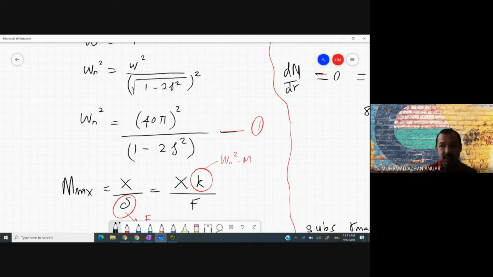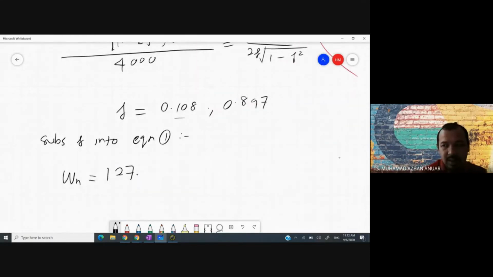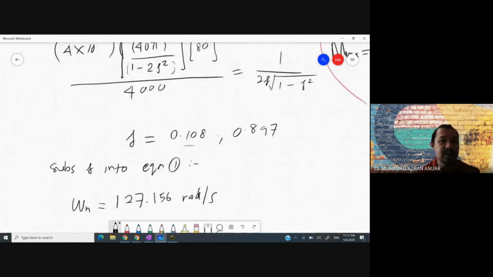So you get 1.8, and the square root of the answer is 127.156. You should get something like this: 127.156 radian per second. That is your omega n.